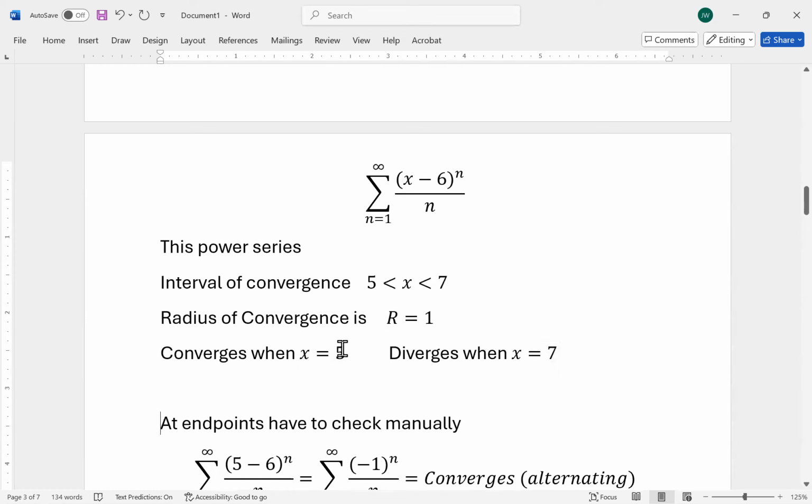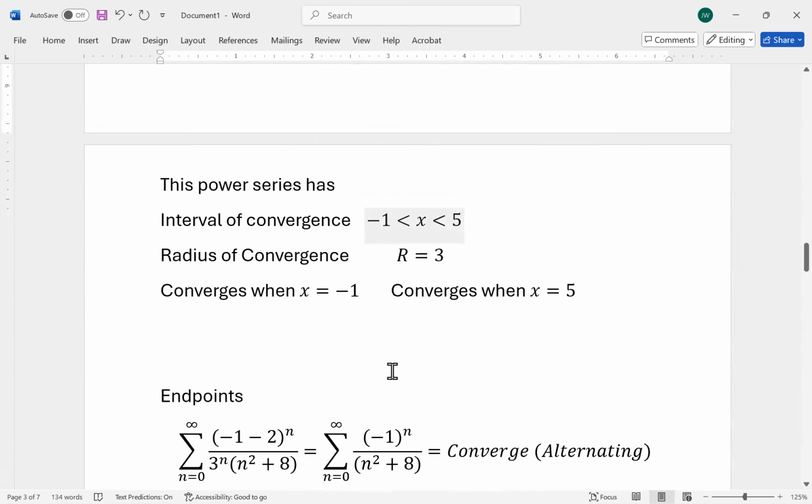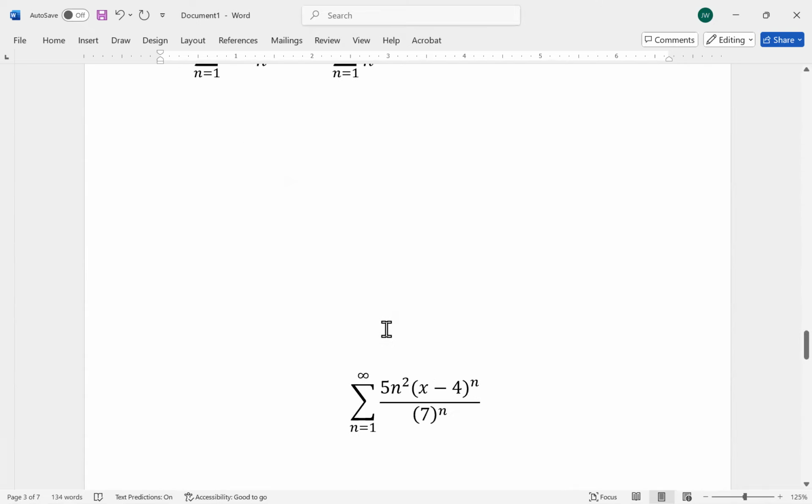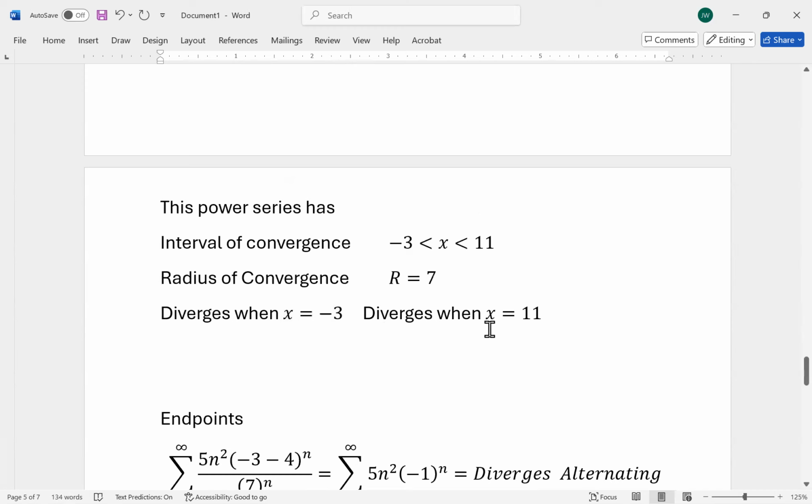So you can see that any combination of endpoint convergence or divergence is possible. We can have one converge, one diverge. We can have both converge. We can have both endpoints diverge, just like we did in this last example.